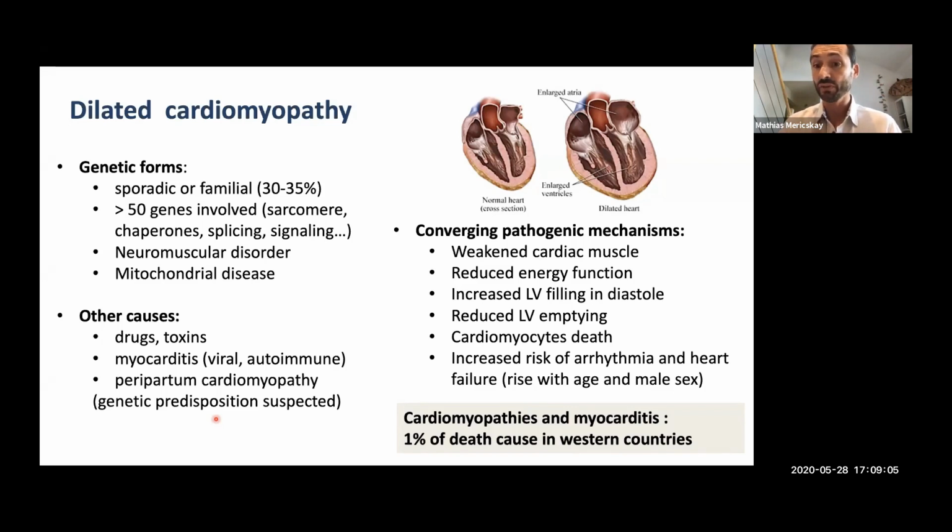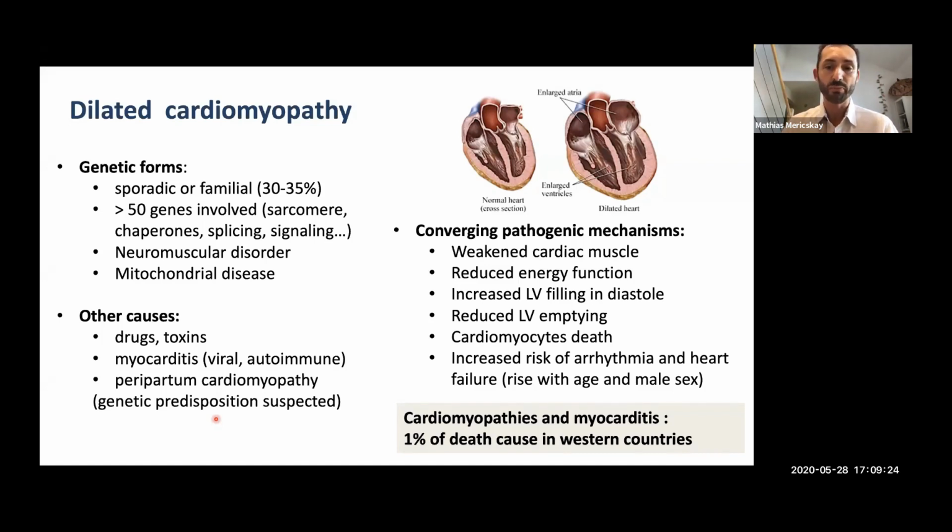Alteration in energy function is very well characterized in this form of heart disease. And there is then an increase in left ventricular filling in diastole and reduced emptying in systole, which is typically a disease leading to heart failure with reduced ejection fraction.